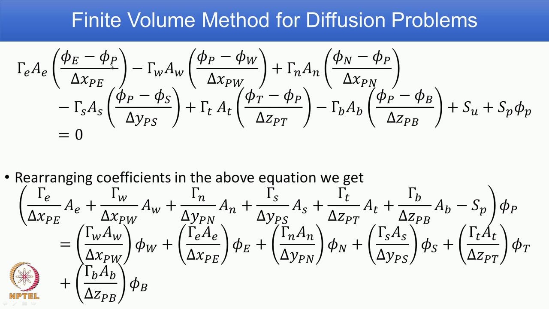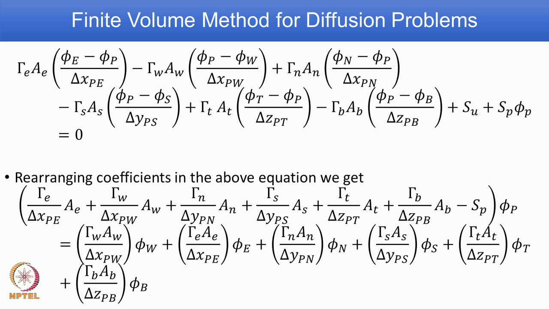Again, you identify that node P, which is the point of interest, appears in all the terms. So, we collect all terms where phi_P is there and put them together, and you get a coefficient for phi_P. This is the node of interest, or in other words it is the unknown.